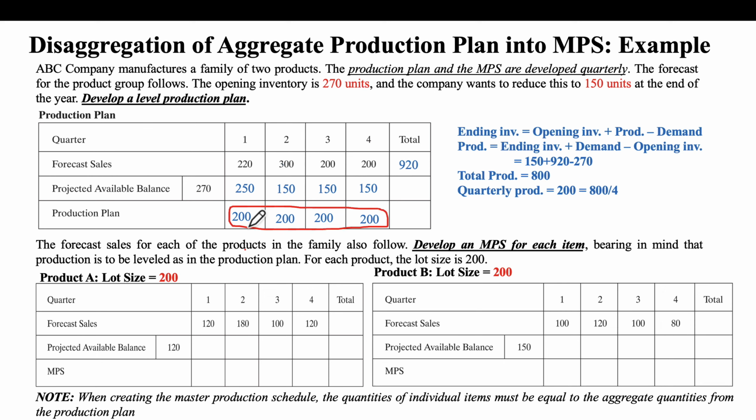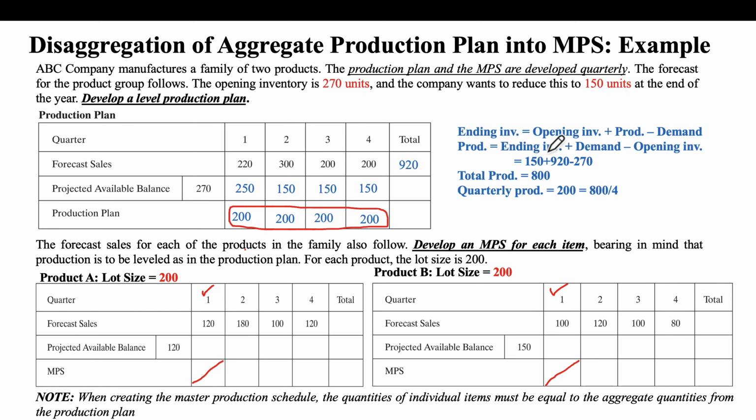Now we want this condition to be respected here, which means total production in period 1 of product A and product B should not exceed 200, which means whatever is the quantity here in period 1 of product A and period 1 of product B, they should not exceed 200. Similarly, the total of production in period 2 of product A and period 2 of product B should not exceed 200. The same thing also applies to period 3 and period 4.